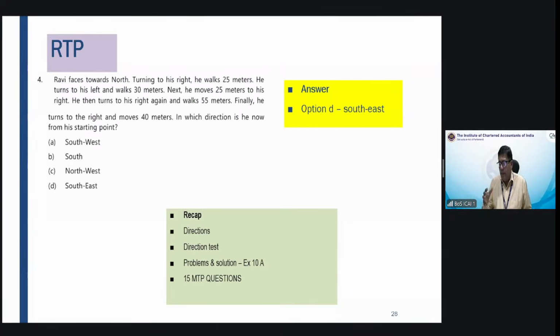And how the clockwise direction changes in the circular sense, like 90 degrees, 180 degrees, and 360 degrees, clockwise and anti-clockwise. Sir has explained all kinds of examples very well, and also important examination questions, previous examination questions, RTP, model test papers, and mock test papers, all explained very well.